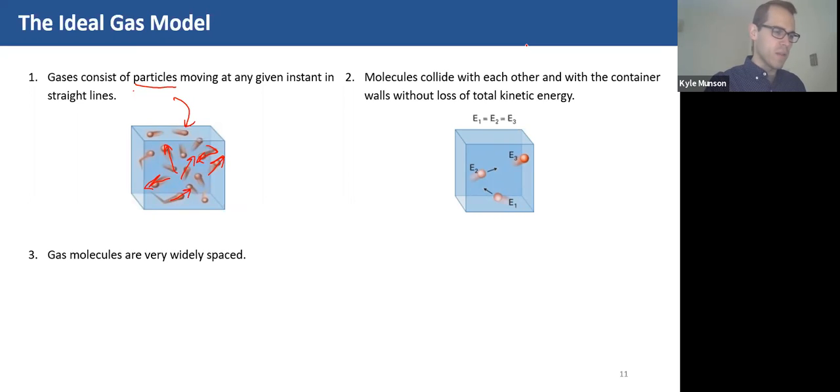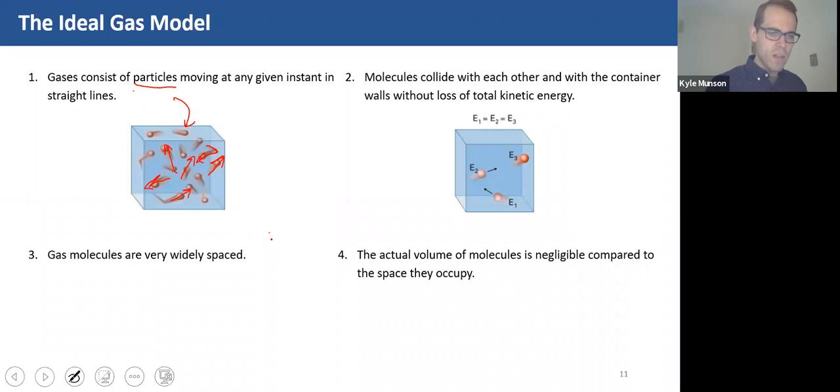So they're widely spaced apart, and that means that the attraction between molecules is very low. So they're not very attracted to each other, and that's actually a point that we're going to see later. They're widely spaced, and the actual volume of the molecules is negligible compared to the space that they occupy.